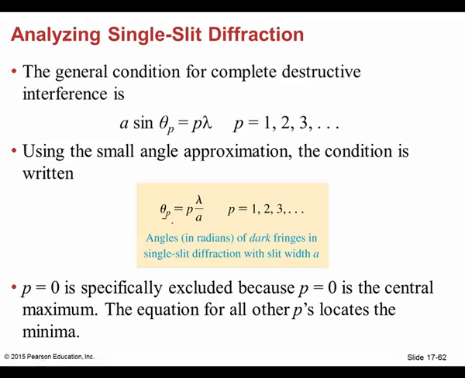If you look at pages 553 and 554, you see these equations. We can find the angle in radians of dark fringes in a single slit.